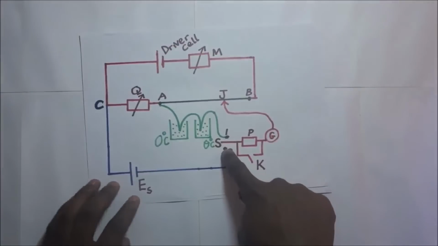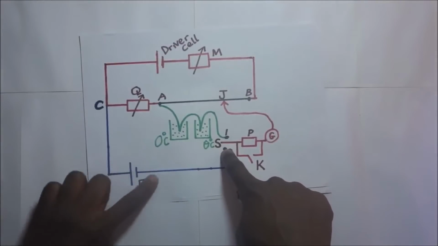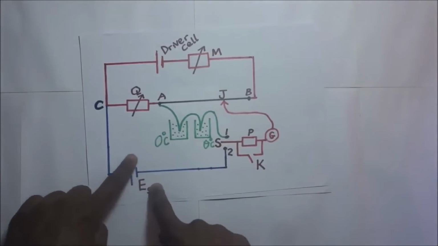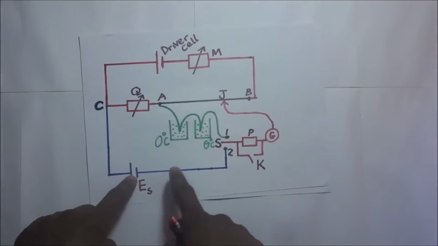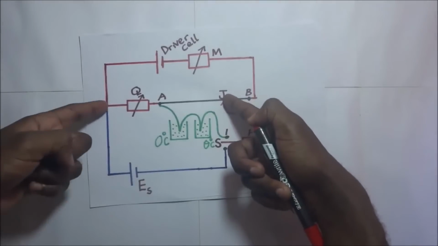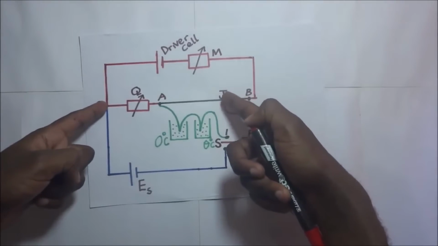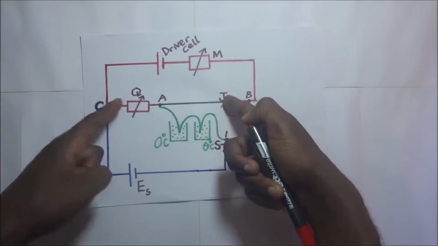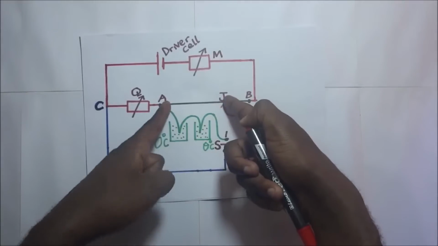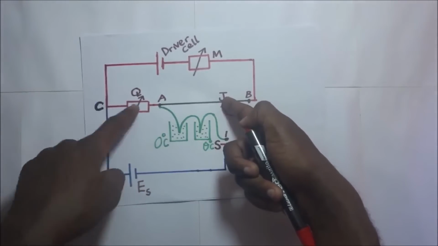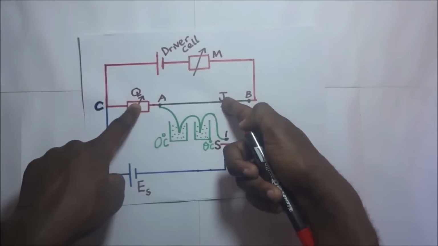It means that ES, the EMF of this standard cell, is equal to the potential difference between J and C. But between J and C, we have this portion of the wire, and then we also have Q involved. So in our calculations we're supposed to include Q as well.